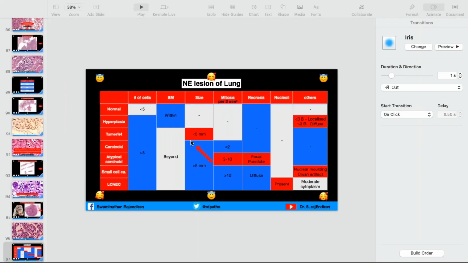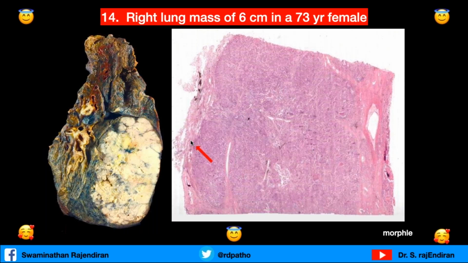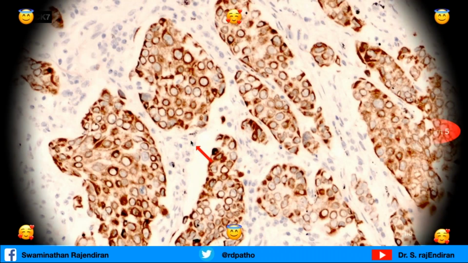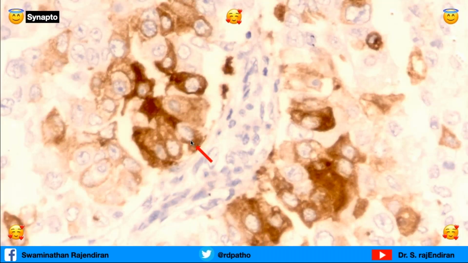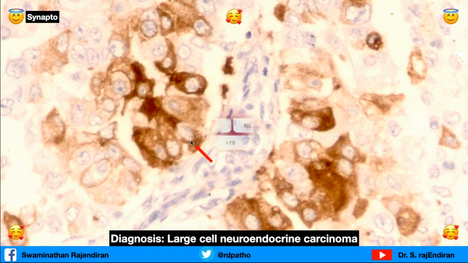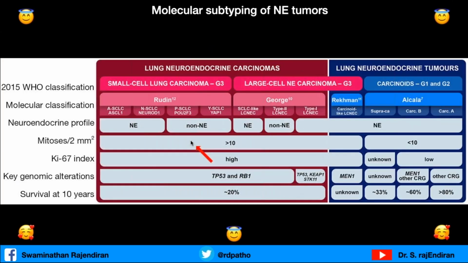You have to do markers to differentiate large cell neuroendocrine carcinoma from other large cell carcinomas. CK7 is nicely positive. Synaptophysin is nicely positive. This is an old case of ours. I have not repeated the INSM1, and we don't have the POU2F3. We don't have that marker. So this is a large cell neuroendocrine carcinoma.